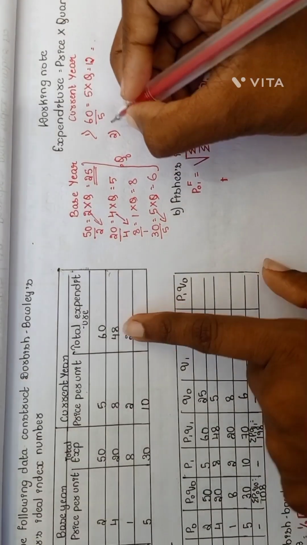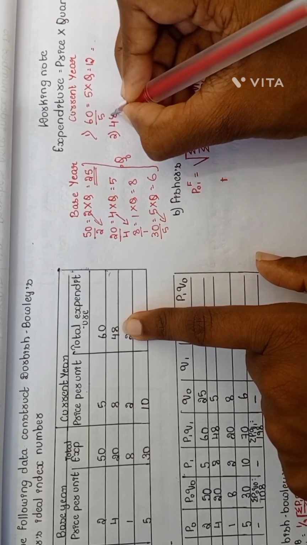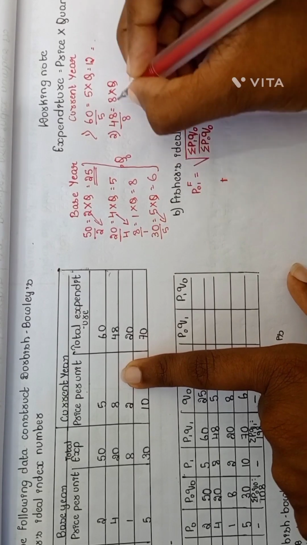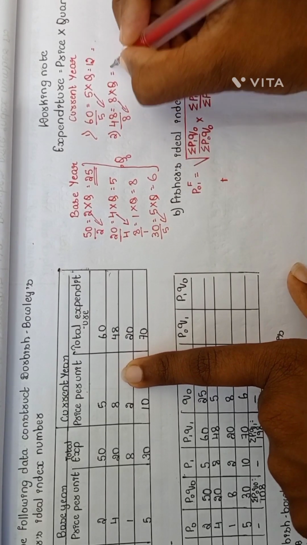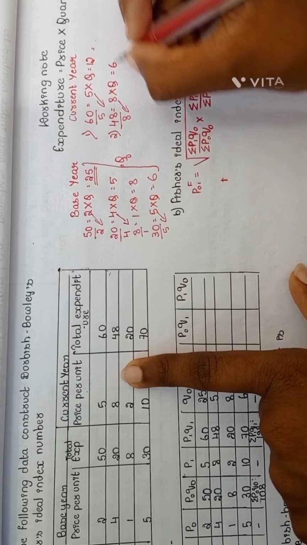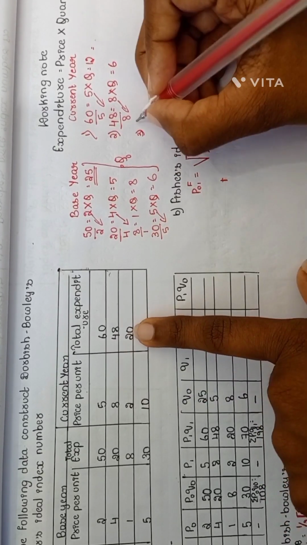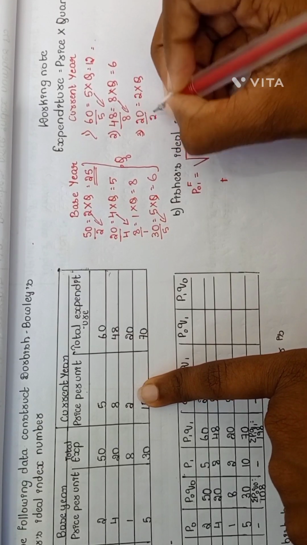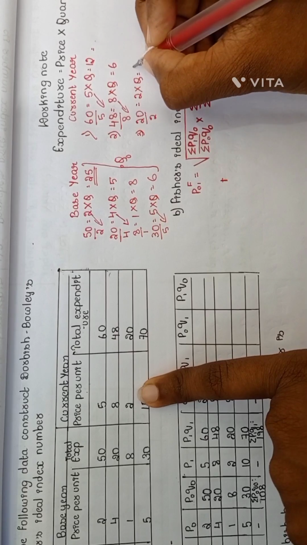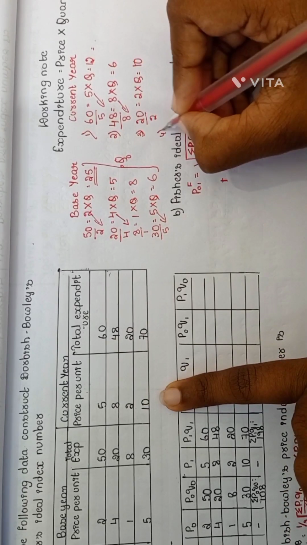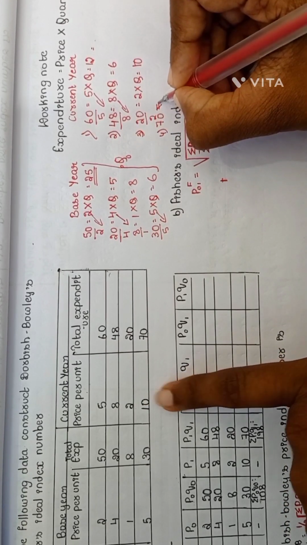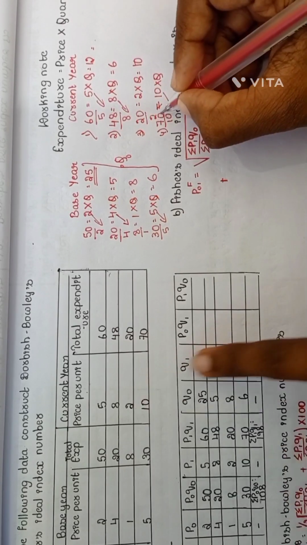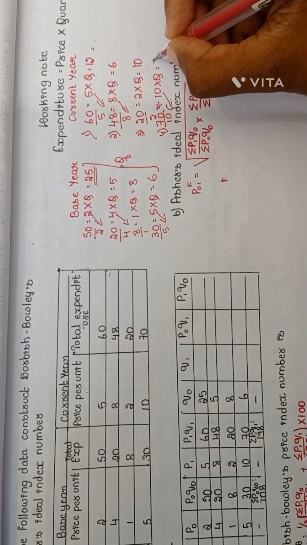And second, the expenditure is 48, price is 8 into Q. When I transfer this 8 here, I'll be getting the answer as 6. Next, the expenditure is 20 and the price is 2 into Q. When I transfer this 2 here, 20 divided by 2 is 10. And then finally the expenditure is 70, equal to the price 10 into Q. When I transfer this 10 here, it will become 70 divided by 10. So the answer will be 7.